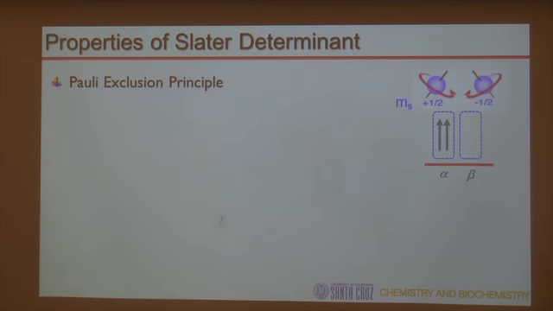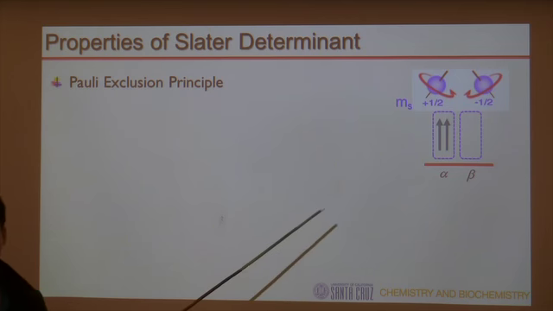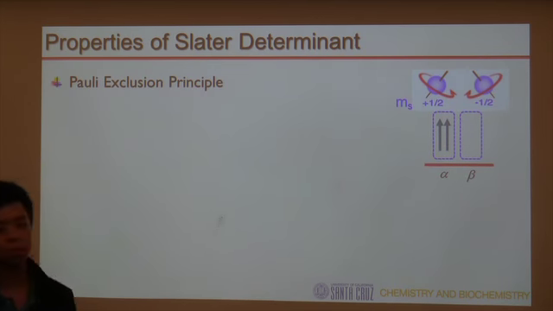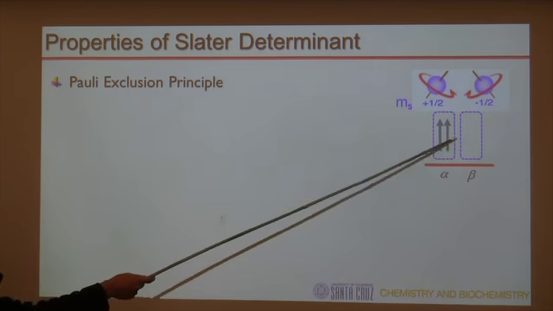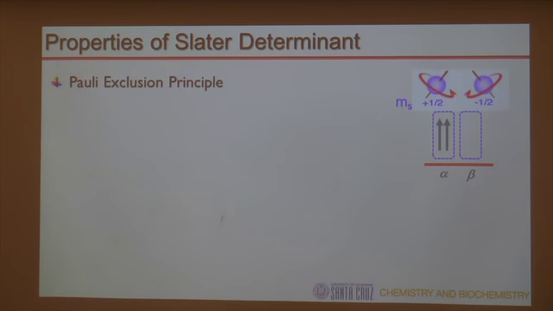Okay. So the Pauli exclusion principle says these 2 electrons cannot occupy the orbital in this way. They cannot occupy the same spin orbitals. So let's use the Slater determinant to check what will happen.